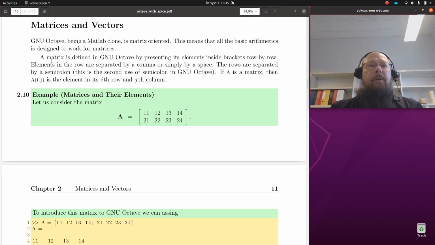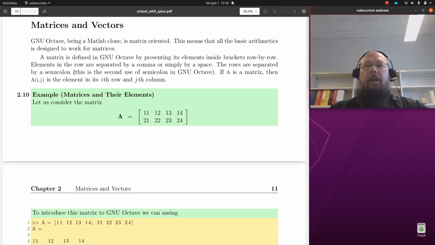So how do you define a matrix in Octave? The simplest way is to define it row by row, and elements in a row are separated by a comma or simply by a space. And the rows are separated from each other by a semicolon.